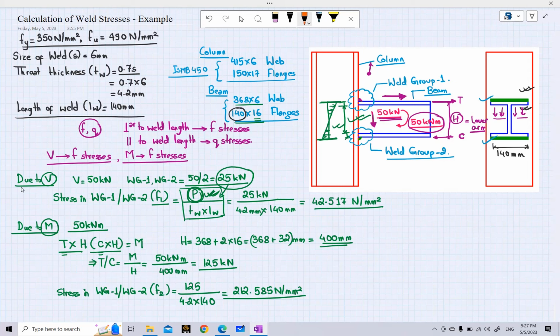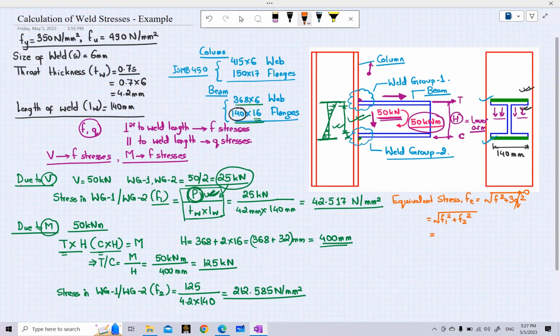Now the next step is to calculate the equivalent stress. So we have the formula for equivalent stress to be equal to, as we discussed and as given in our code, the square root of F square plus 3Q square. So we don't have Q stresses for now. This will tend to 0 and the equivalent stress will be found out by the square root of F1 square plus F2 square.